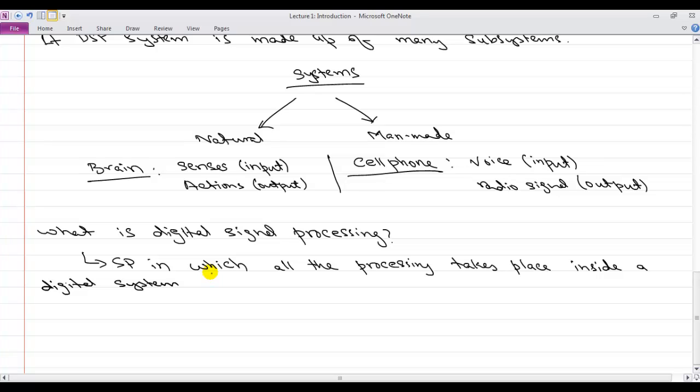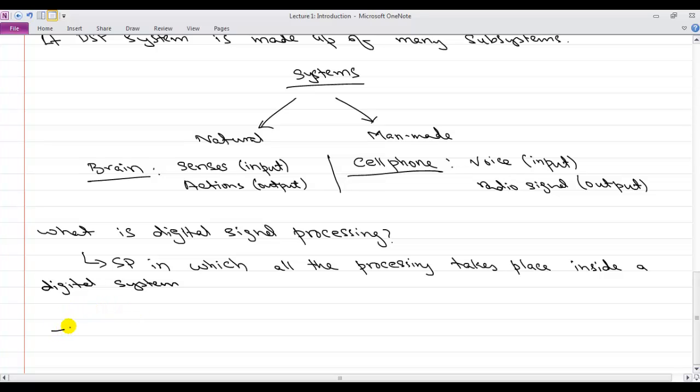And the flip side of that is that you will have analog signal processing. Now I want to make it clear that a DSP system itself does not mean it has no analog components. A DSP system will have analog components to interface to the analog world. So most of the time, the signals that you deal with are going to be analog. If I'm speaking, my voice is analog. So to take it into the digital realm, you have to have some analog components in your system. But where the processing happens determines whether it's digital signal processing or analog signal processing.